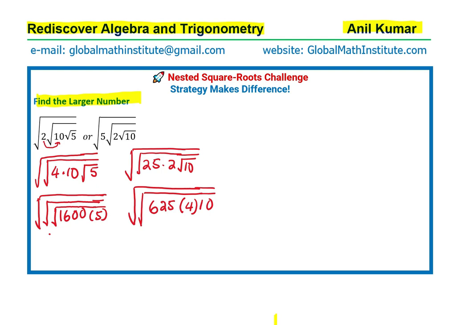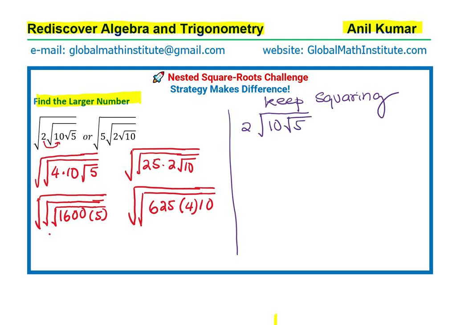Now, the alternate approach which I was telling you was to square them. So if I keep squaring, in that case, what happens to the first number? The square root vanishes, so you get 2, and the other things remain like this. You get 10 square root 5.